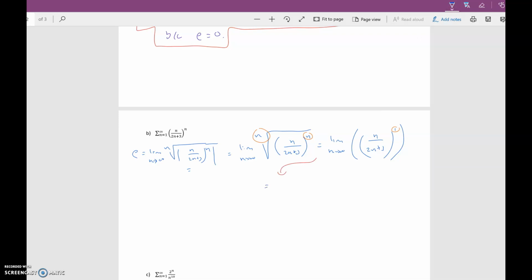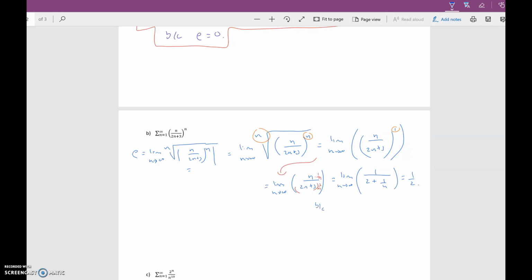So this is equal to the limit of n over 2n plus 3. Let me multiply by 1 over n and 1 over n, so we evaluate the limit as n approaches infinity of 1 over 2 plus 1 over n, which ends up being a half.